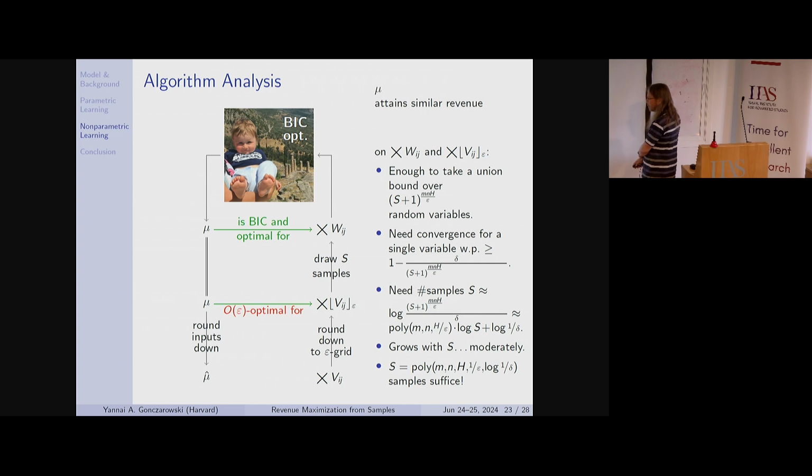Okay, so far what did I show you? I showed you that mu attains similar expected revenue, up to an epsilon, here and here. This is insufficient to prove that mu is almost optimal for this, right? I've shown you that if mu gets $100 over this distribution, it will also get $99 over this distribution.